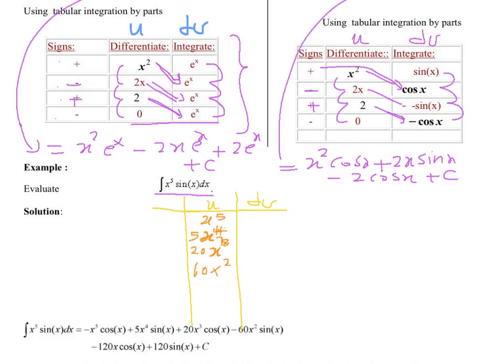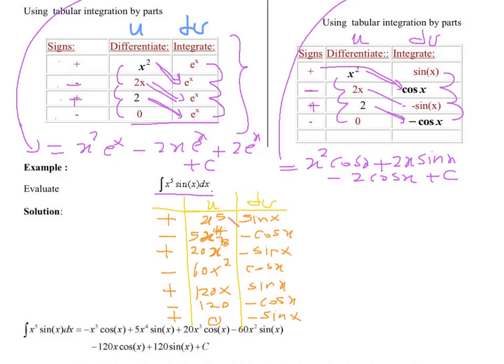We have to squeeze it because the space is not enough. 120x, this is 120, and then 0. dv, which is sine x, this is minus cosine x, this is minus sine x, and this is cosine x, and sine x, minus cosine x, and minus sine x. Plus, minus, plus, minus, this is always plus, minus, plus, and it should be like this.